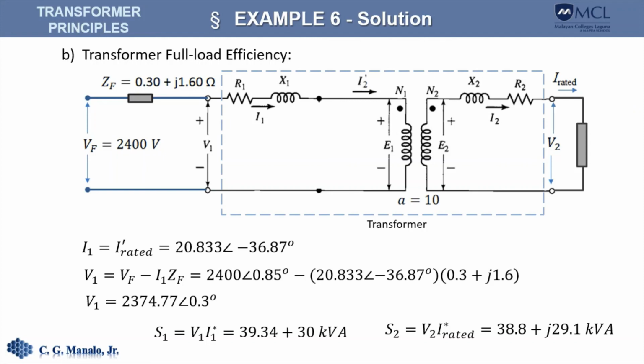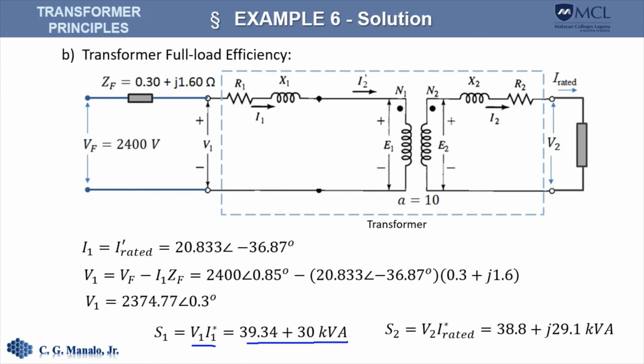We can solve for the input complex power of the transformer by simply multiplying the input voltage and the conjugate of the input current. That should give us this value here.